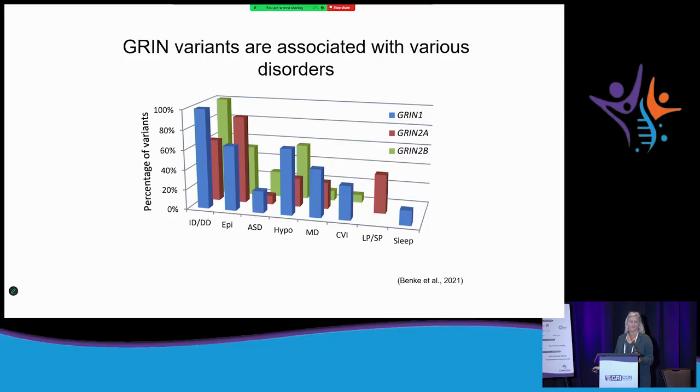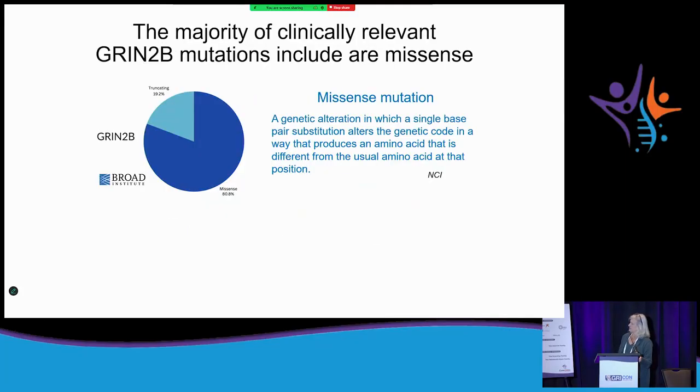It's kind of the converse for 2A, where the vast majority will have epilepsy, and many, but not all, will have some sort of developmental delay or intellectual disability. And certainly some of the parents here will be quick to tell you that as they meet other families with children, some of them will have the exact same mutation and it presents differently. So it's certainly a challenge to try to address these different mutations.